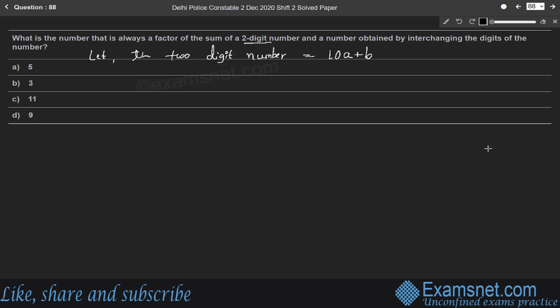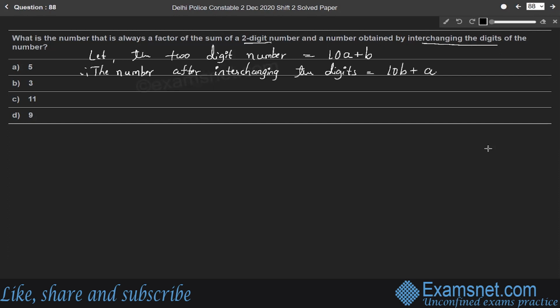After interchanging the digits, the number becomes 10B plus A.